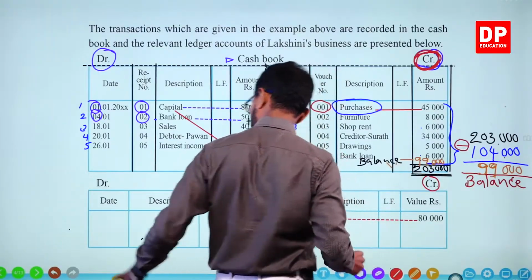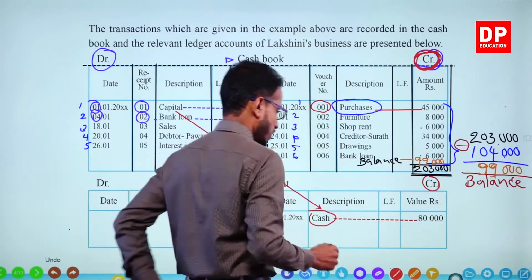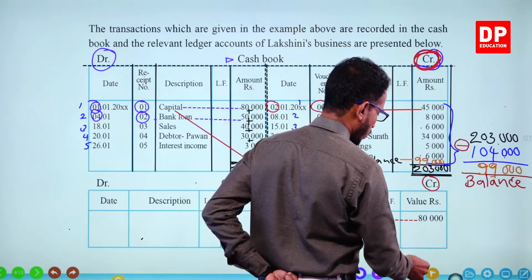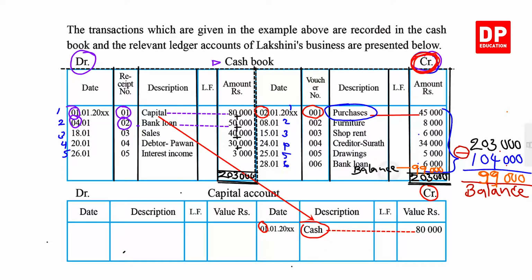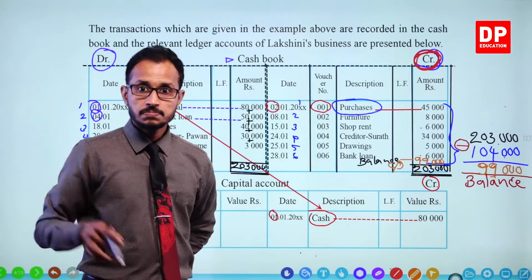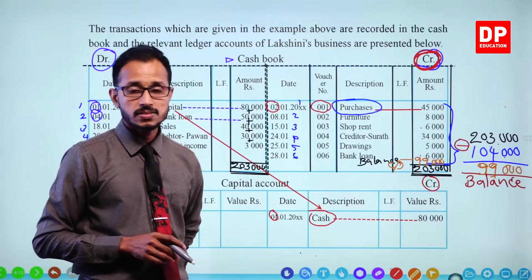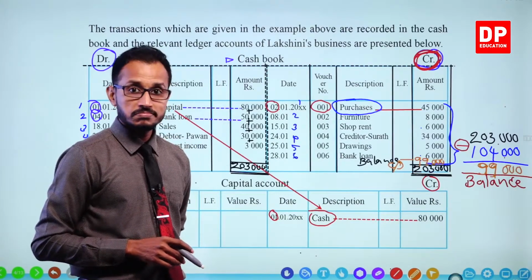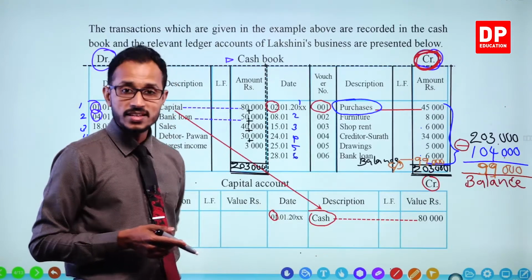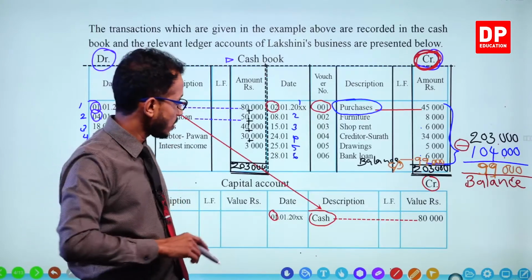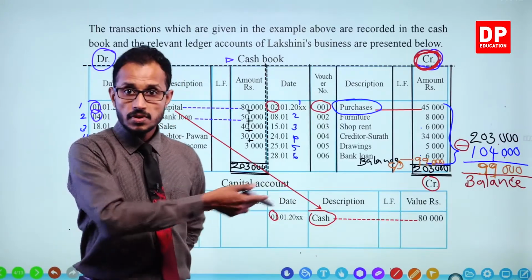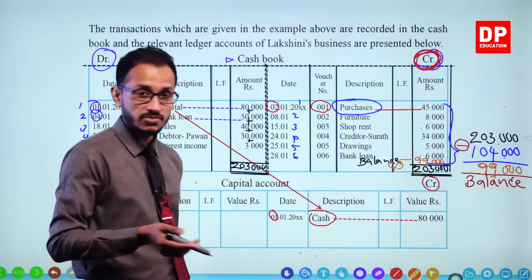Most of the time, children, we don't write balance only. We write balance carried down. Balance CD, carried down. Yeah, so that's it. That is how we balance. I don't know whether you got this in the first go.